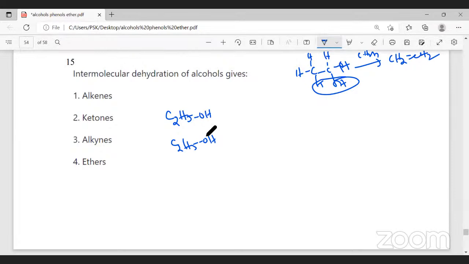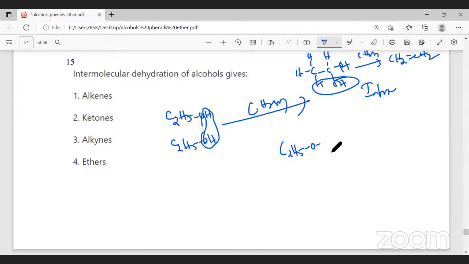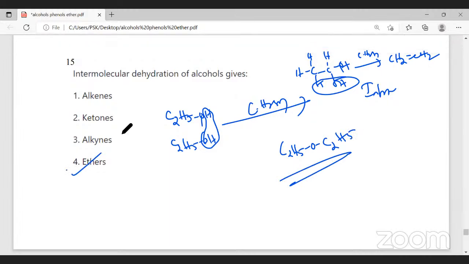This is intramolecular dehydration. Intra means within the molecule, inter means between two different molecules. When ethanol is treated with concentrated sulfuric acid, water gets eliminated between two different molecules. So you get C2H5OC2H5. This is called diethyl ether. Ethers are formed. All right, we'll stop the class here because we have finished the chapter on ethers.